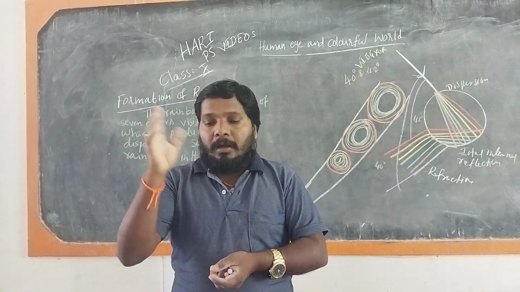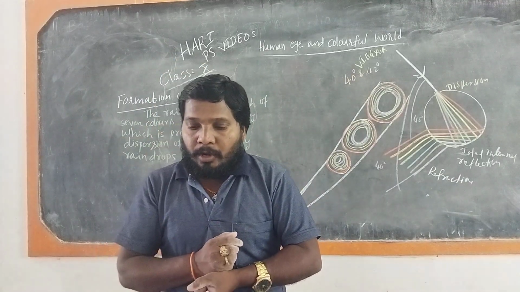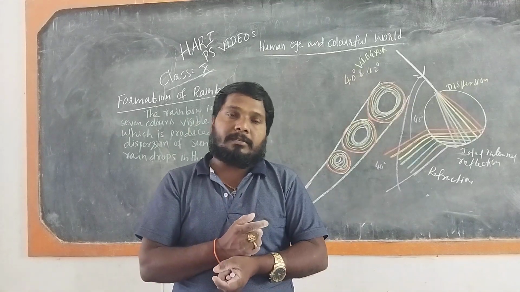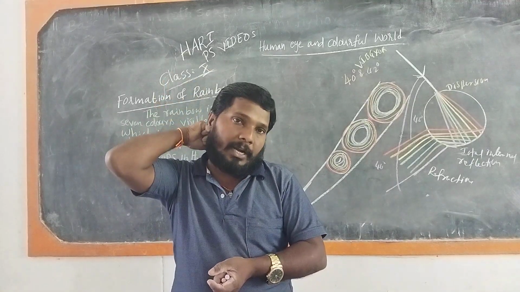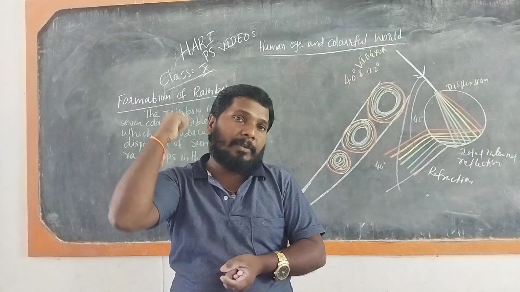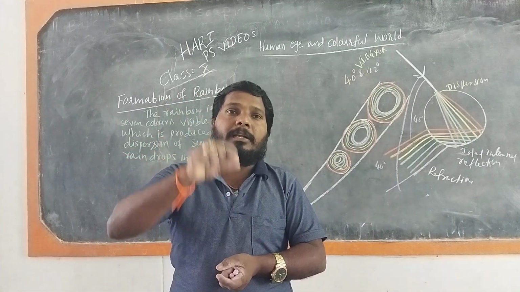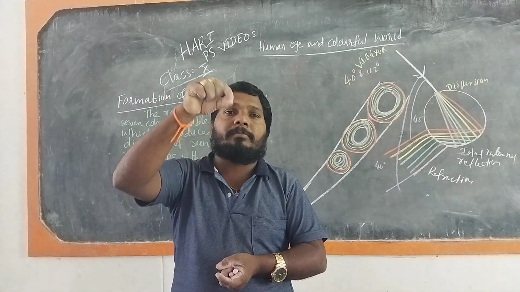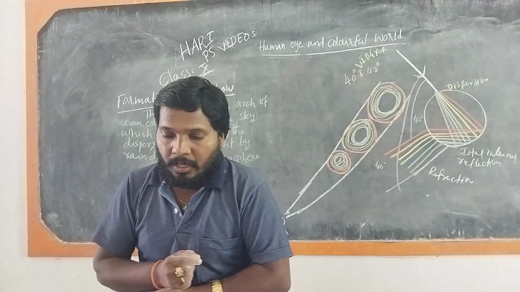In this way, the different layers of the cone we see are actually not coming from a single drop. They are different colors obtained from different raindrops.